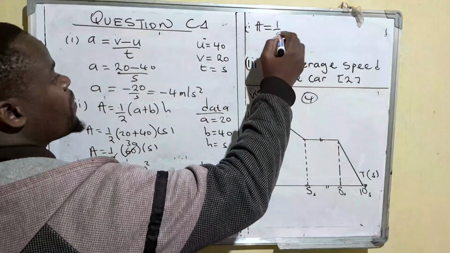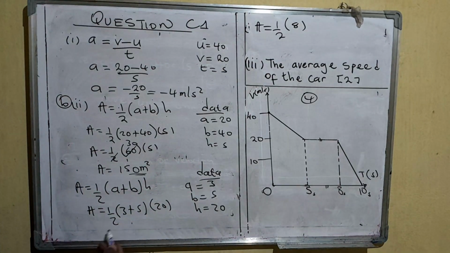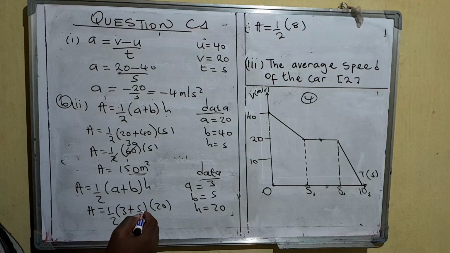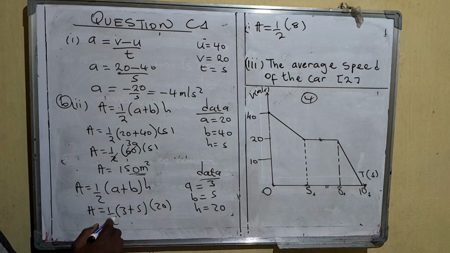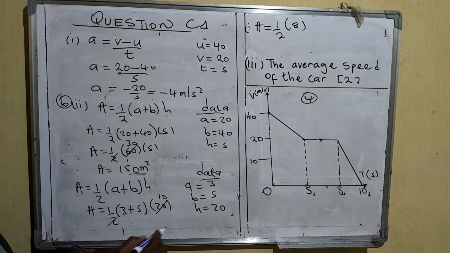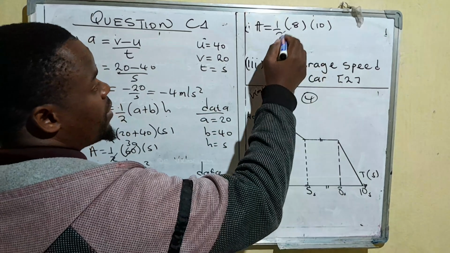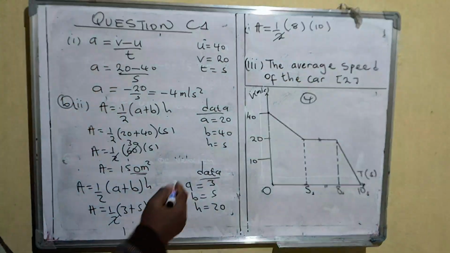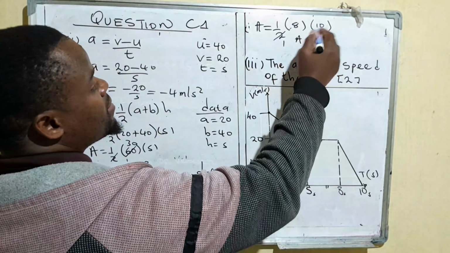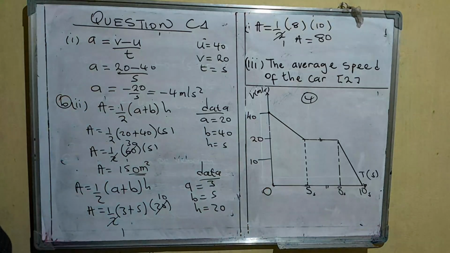That will be half, 8, right? Then we can simplify this one and that one, or we can simplify this one and that one. But I'm going to simplify this one. So that will be 2 there, 1, 2 there. That will be a 10, right? So I'm going to write a 10 here, knowing that this one has already been divided into that, so it's going to be a 1. So area, therefore, will be 8 times 10, that will be 80, right?